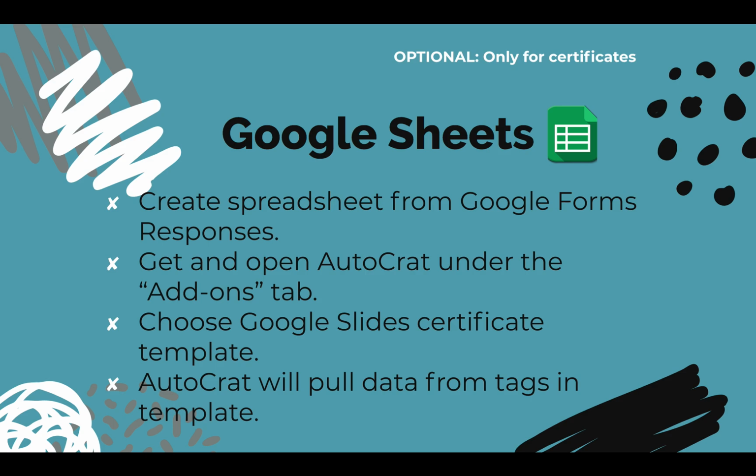So you will need the AutoCrat add-ons to make sending out the certificates automatic. You would choose the Google Slides certificate template that hopefully you will have already created, and then AutoCrat will pull the data from the tags that you put inside of the certificate in your template.